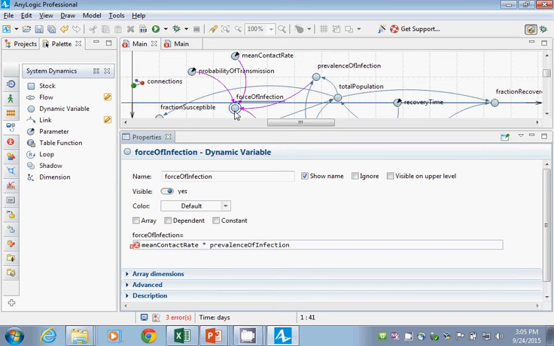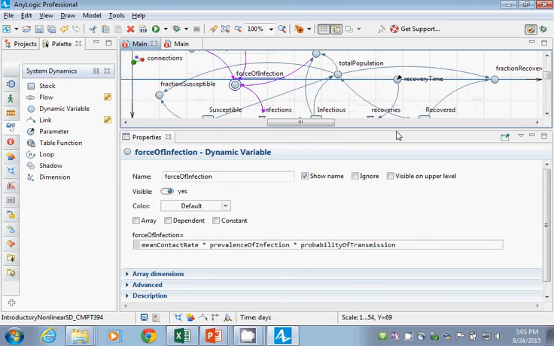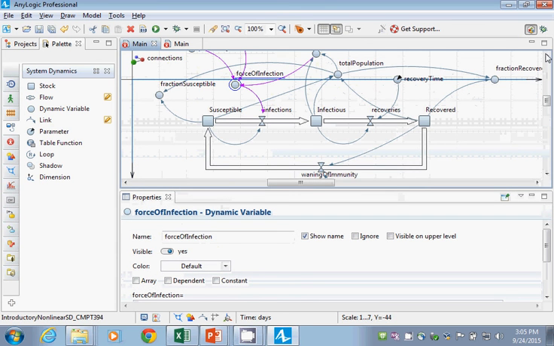So that 12 times 0.5, say, 0.5 across the entire population is infected. So of those 12 with whom I have contact per day, 6 of them per day are going to be infected. That is, mean contact times prevalence of infection. For each of those, I have what probability of getting infected if I'm a susceptible? If I'm a susceptible, what's my probability of getting infected from each of those infectives? Probability of transmission. Okay. That, ladies and gentlemen, is the coup de grace. That gives the force of infection.